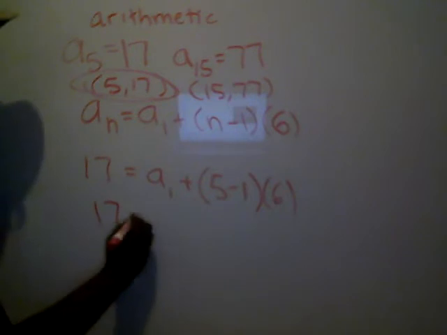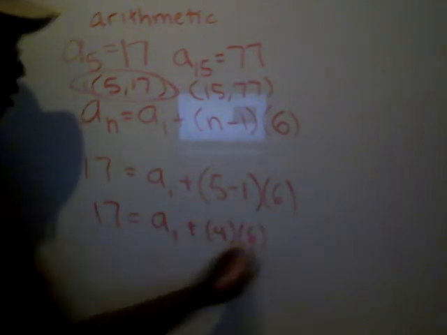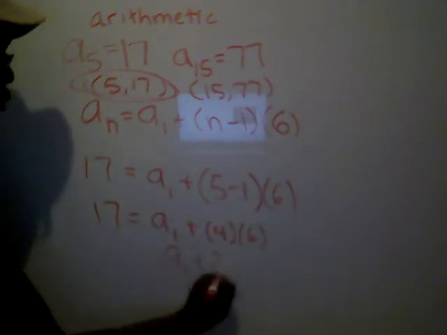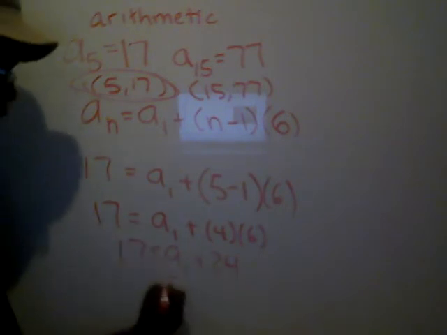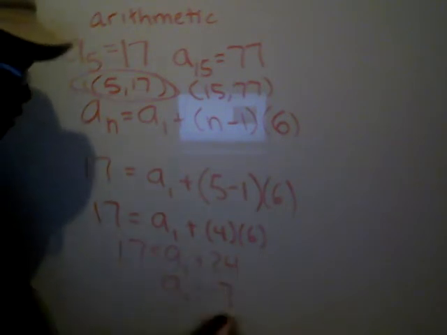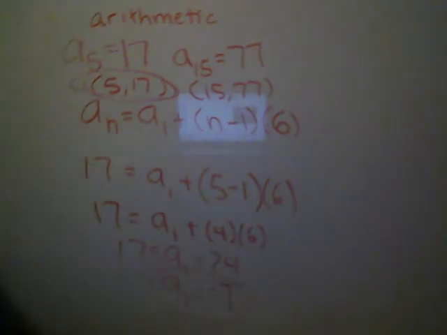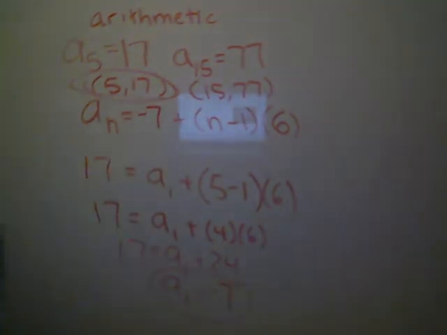So we have 17 equals a1 plus 4 times 6. 5 minus 1 is 4, and times 6. So we get a1 plus 24 equals 17. We subtract 24 from both sides. We get a1 equals negative 7. So that's going to be helpful for us to complete our equation. Now we know what the first term is. That's negative 7. Okay?